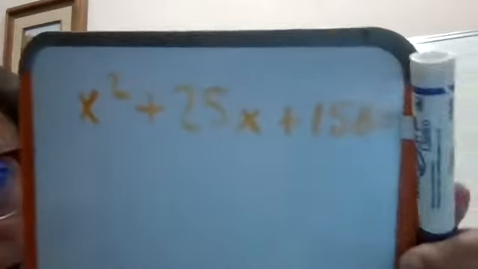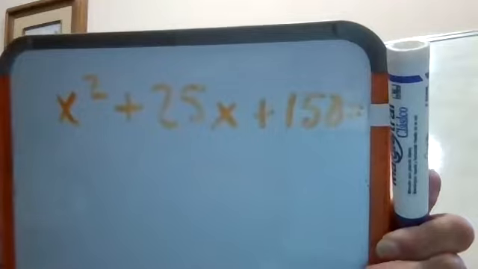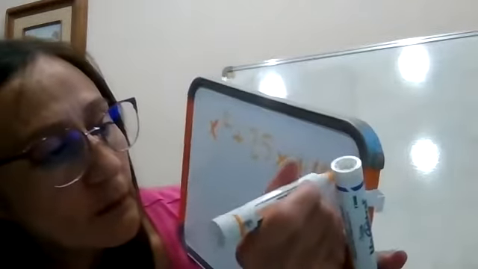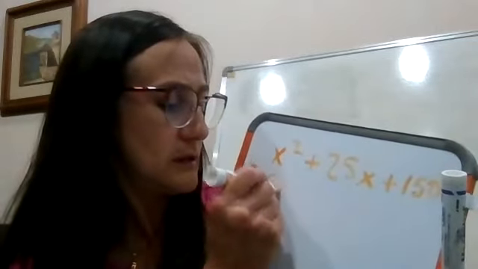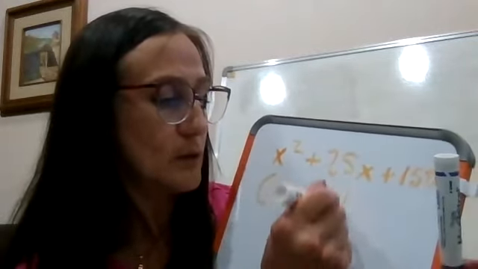Okay, so you have it like this. So first you check. There are two x's. We have here one x, and we have here another x.